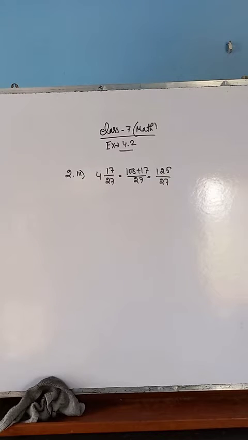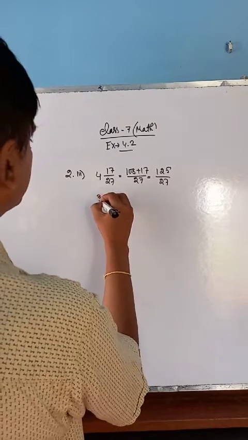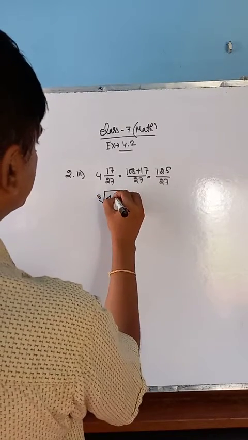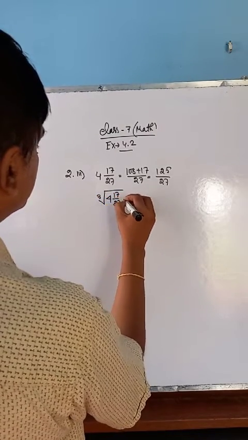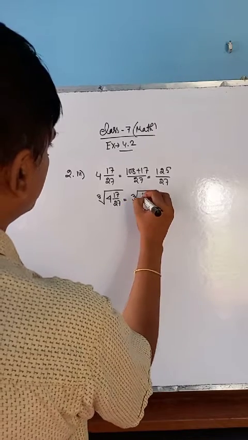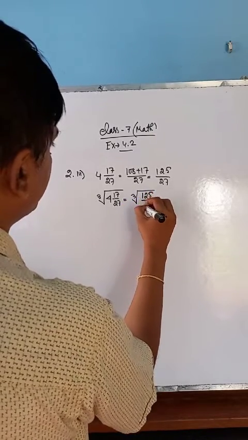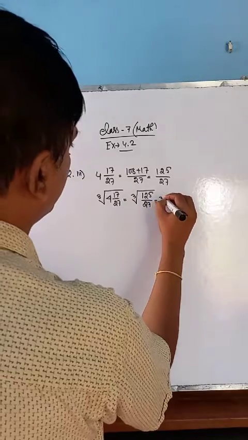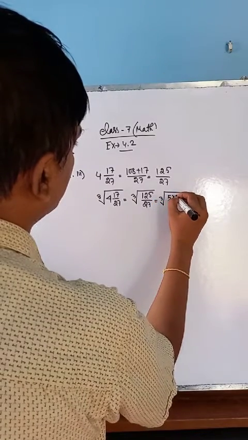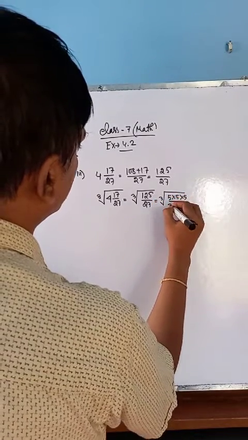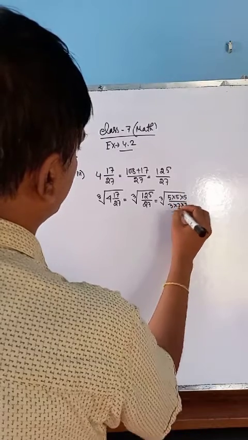So everybody can do the cube root of this following figure, 125 by 27. You are able to do that orally: 5 into 5 into 5, 3 into 3 into 3.